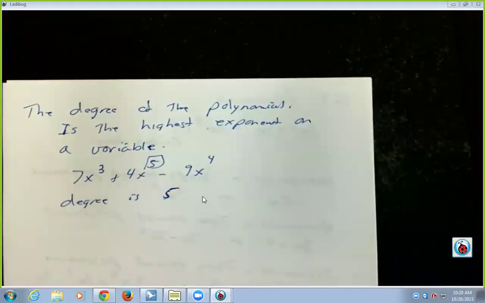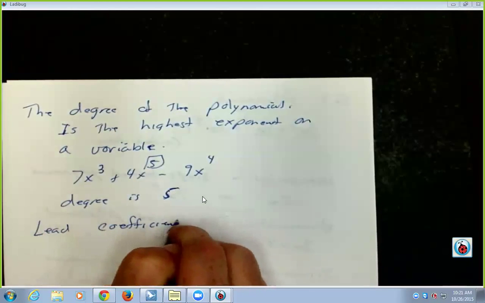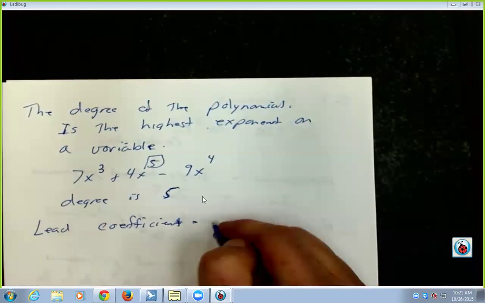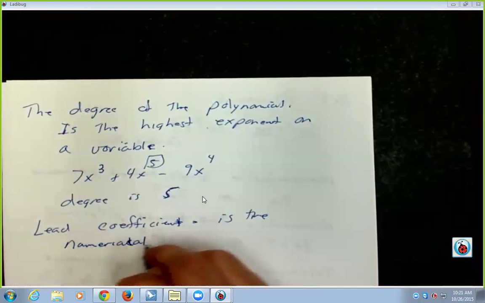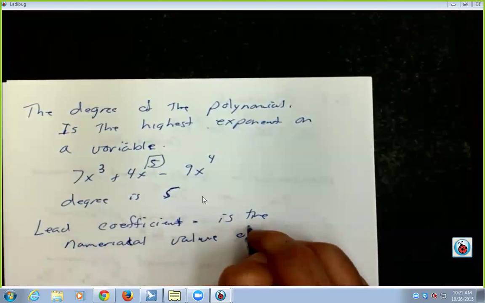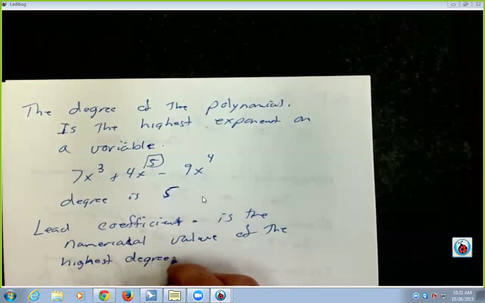So 5 is that. And then at the same time, it's going to ask you, what is the lead coefficient? So lead coefficient is the numerical value of the highest degree term.